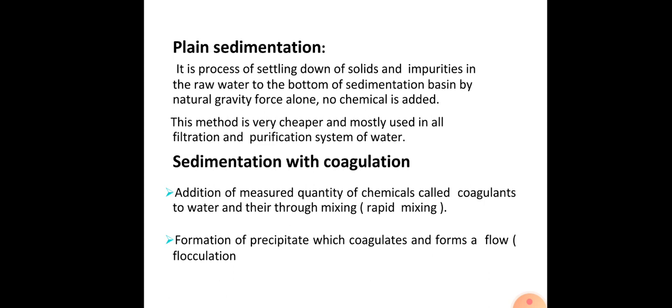Once the coagulant is added, the particles react with it and get attached, and due to various chemical reactions, they form flocs which settle to the bottom, or they precipitate and coagulate, and these flocs settle to the bottom and can be removed. This process we call sedimentation with coagulation.